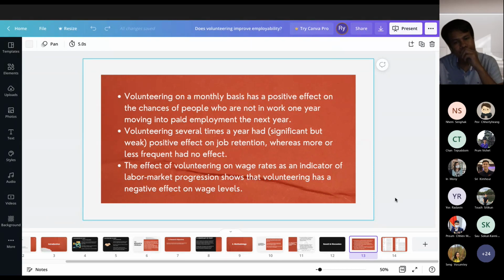Yet volunteering can improve an individual's skills, confidence, and self-esteem, as well as help build their curriculum vitae and contacts, but it is unlikely to affect the demand side of the labor market. So any employability gains are limited by the individuals themselves. And that is the end of this part, and we move to the next slide.